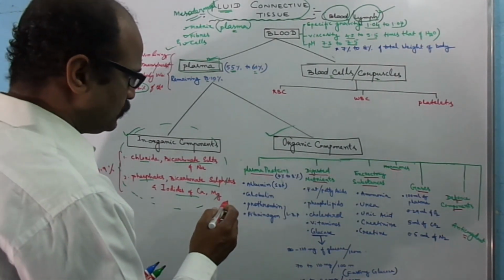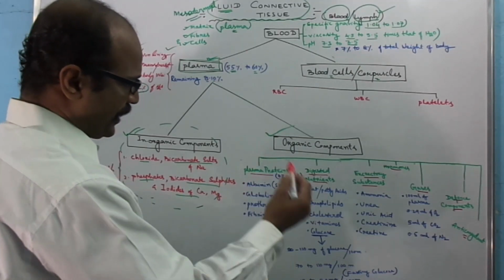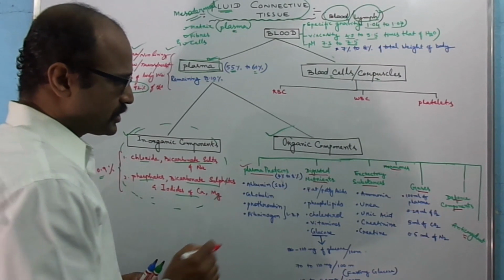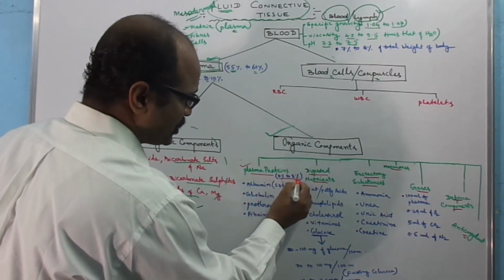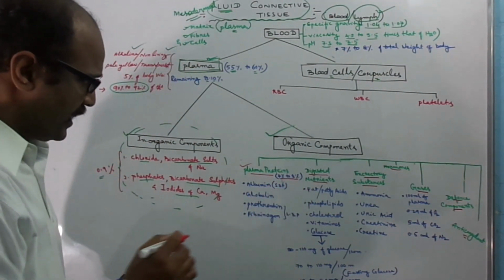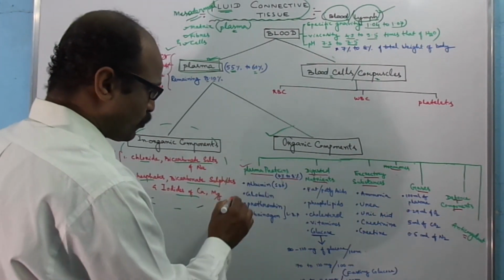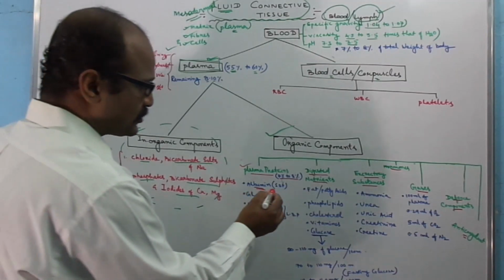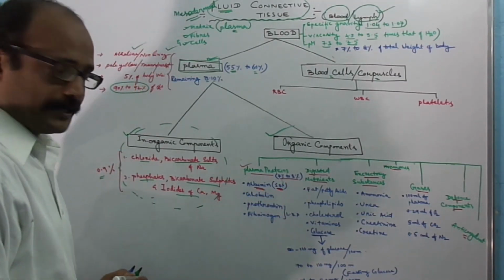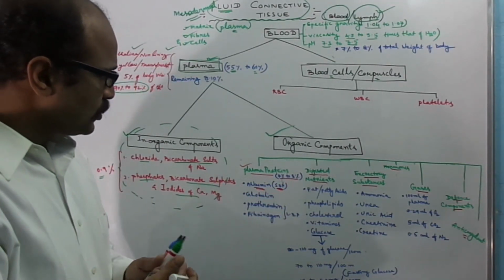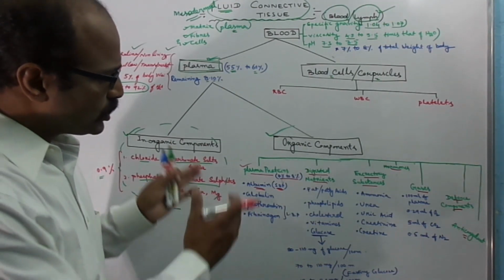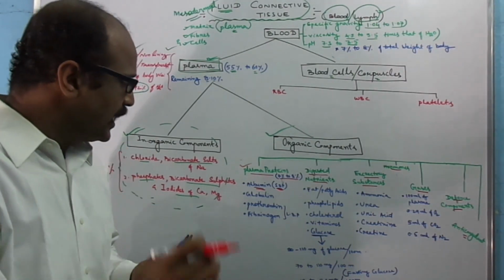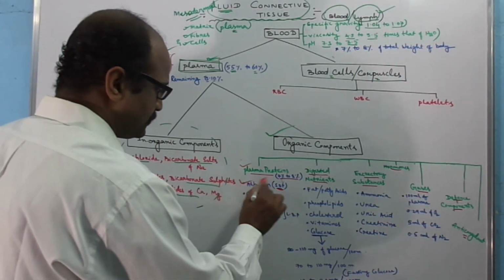The plasma contains proteins known as plasma proteins, which constitute 7% to 8%. The main important plasma proteins are albumin, which is the small blood protein. Albumin provides the sticky and colloidal nature of the blood.